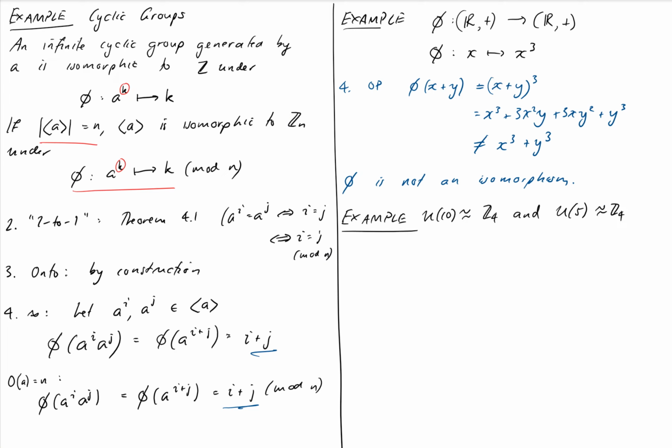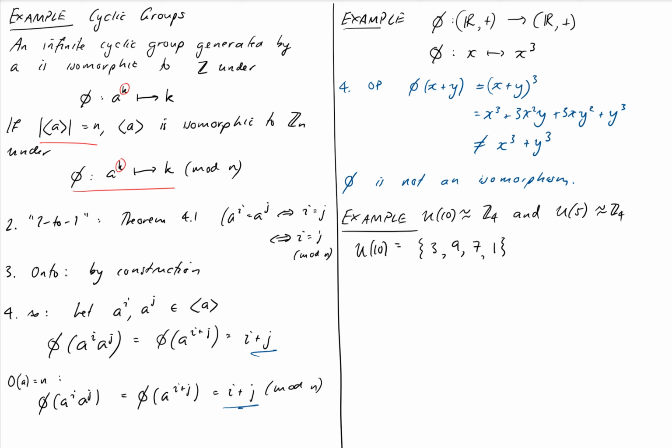Alright, so for our next example, we're going to look at a couple of cyclic groups. So we know now, because U of 10 and U of 5 are both cyclic, they must be isomorphic to Z4. And we can see that U of 10 is a cyclic group because, for example, 3 is a generator: if I take 3, then 3 squared is 9, and 3 cubed is 27, which is 7 mod 10, and 3 to the fourth is 21, which is 1 mod 10.